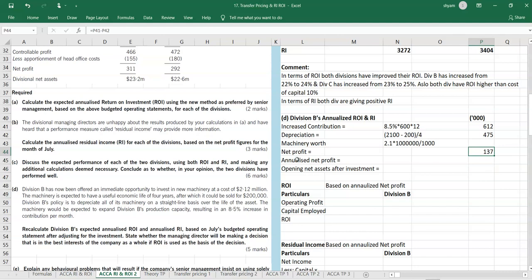So this is annualized profit, because this is also yearly and this is also yearly. So this is annualized net profit only.